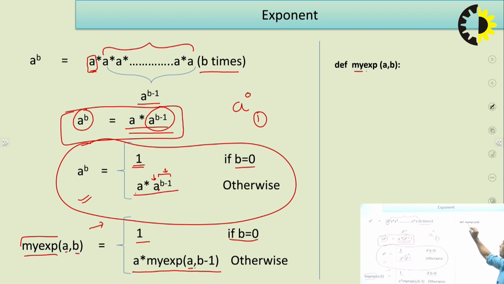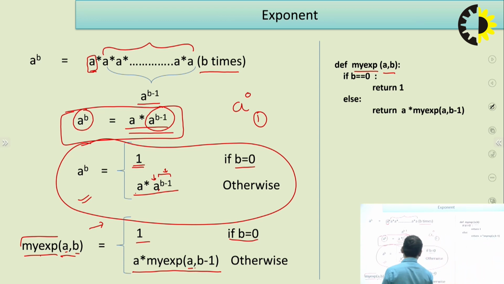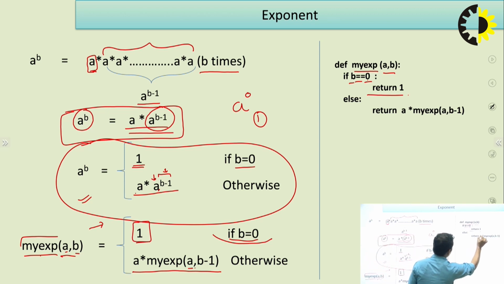Now define myexp with two parameters, this is the function definition, and first write the base case. Here the base case is if b equal 0. Again a comparison, so double equal to, b == 0, we are following the syntax of the particular language. So if b equals 0, then our value is 1, then return 1.